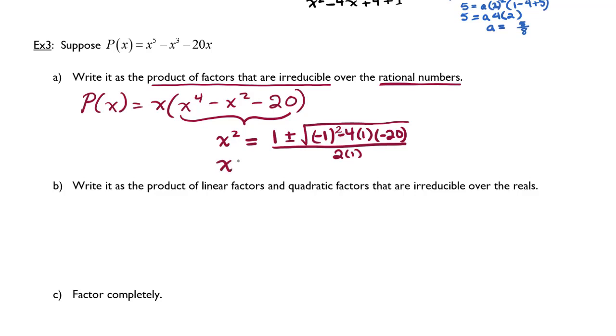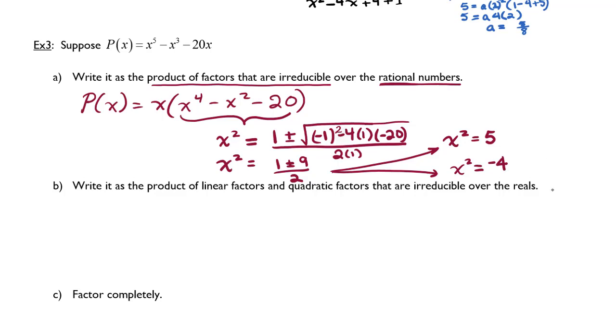If I simplify this further, I get x squared is equal to 1 plus or minus 9 over 2. And so I will have two x squared solutions. My first one will be x squared is equal to 5. And the other solution will be x squared is equal to -4.